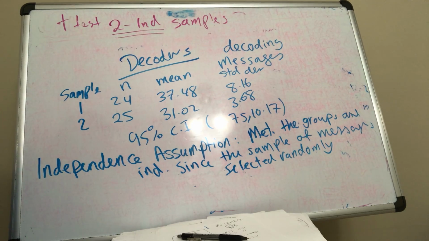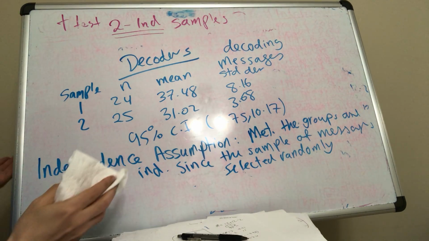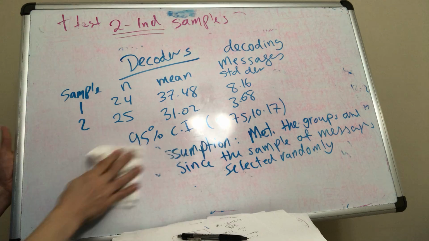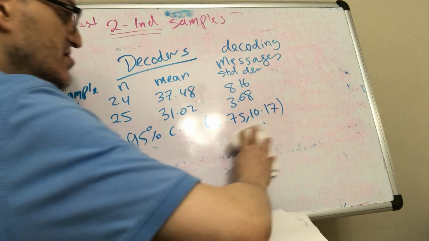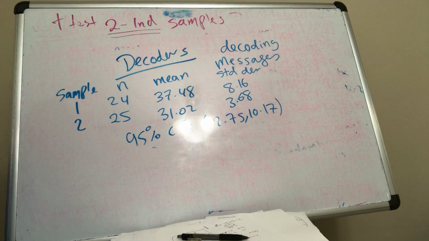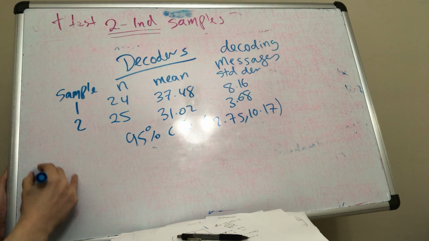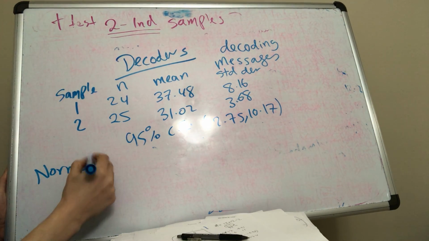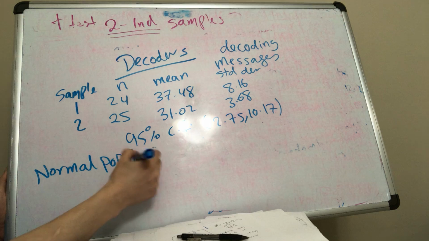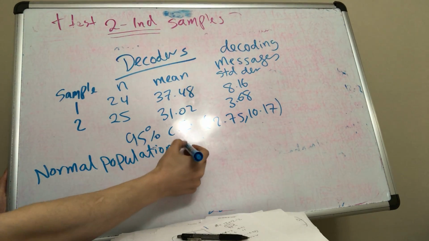Good? This is the first assumption. So the first assumption is met. Assumption number 2 is called the normal population assumption.